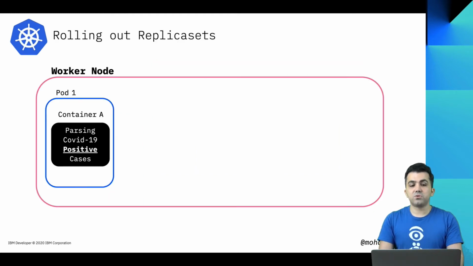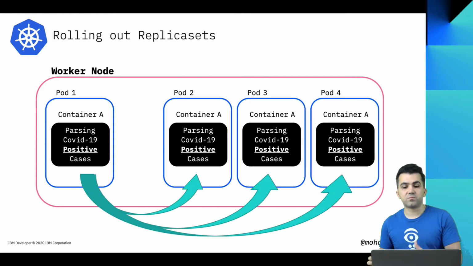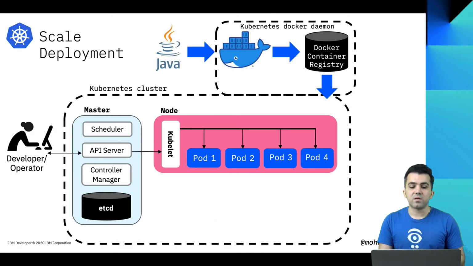And also, if I want to roll out ReplicaSets and scale my application, in this case if I want to create more instances, like 3 more instances, I need to use scale. And the way it happens is, as a developer, I communicate with the API server, with the Kubernetes cluster, and then that sends messages to the kubelet. There are lots of other things happening.